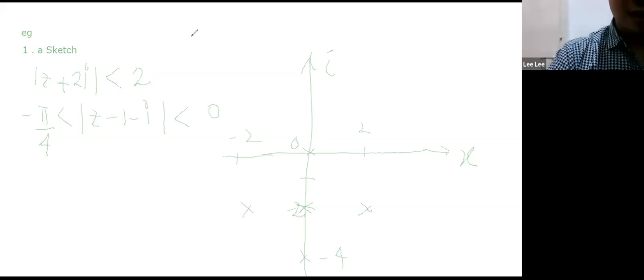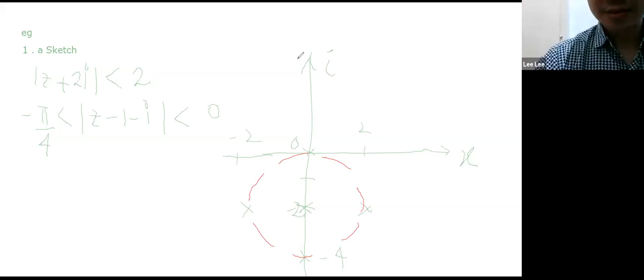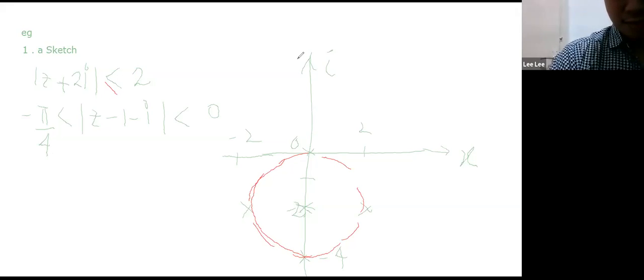So is there any equal sign on the circle now? No. You have to be dotted. Understand? So if I add an equal sign, it is a full line, and I have to shade the inside because you say less than that.